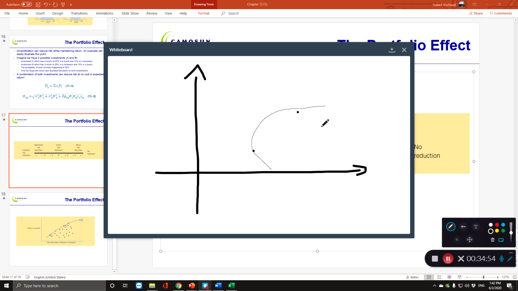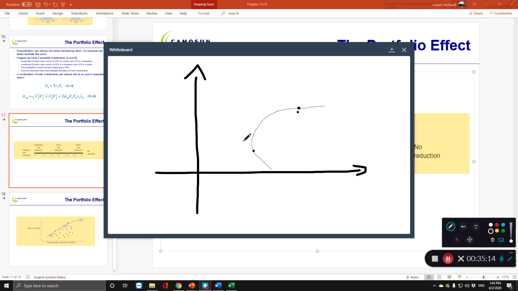Let's say Bombardier was here all along. It's easier for me to redo the whole graph. This is the actual combination of portfolios I can get with a given correlation. Our correlation is 0.3. This is the actual combination.